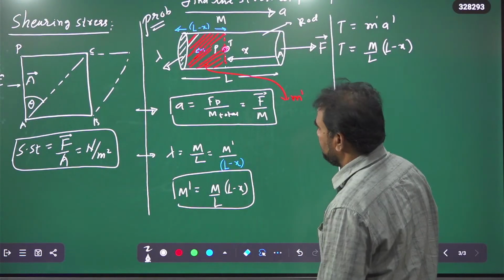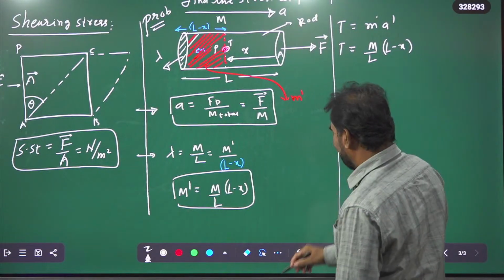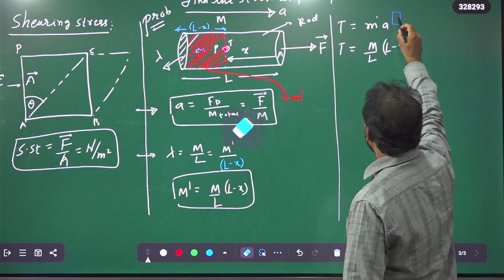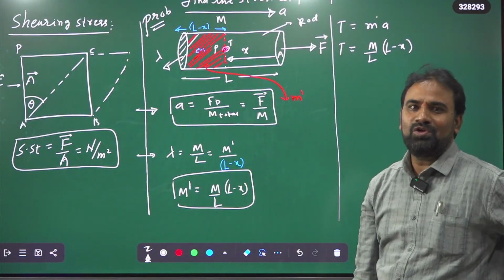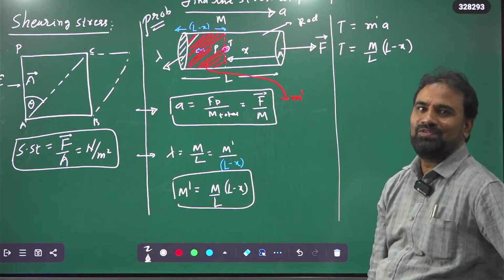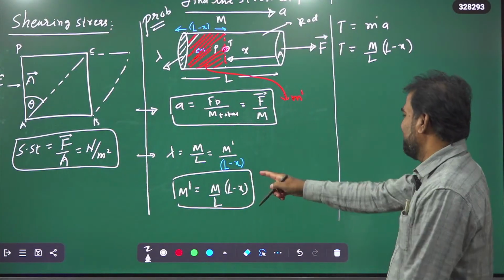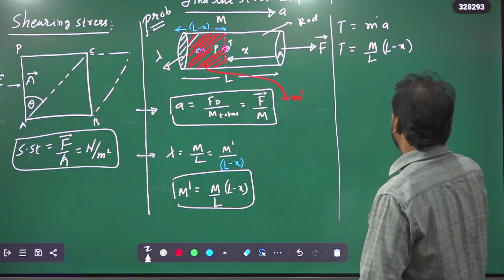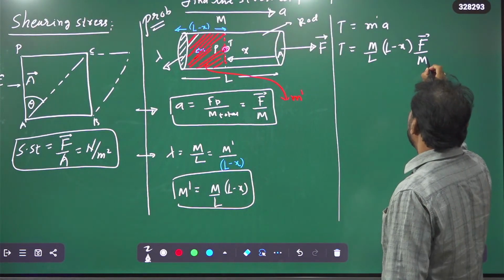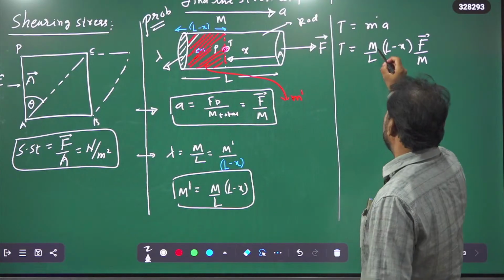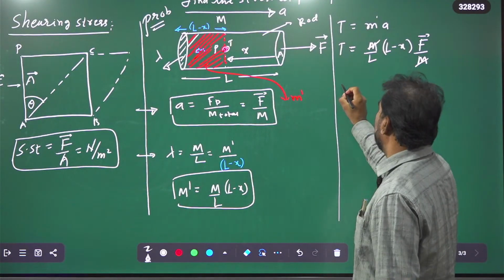What is the value of a dash? A dash means acceleration. Are you following? The acceleration is equal to F upon M. You cancel out M in the numerator and denominator.